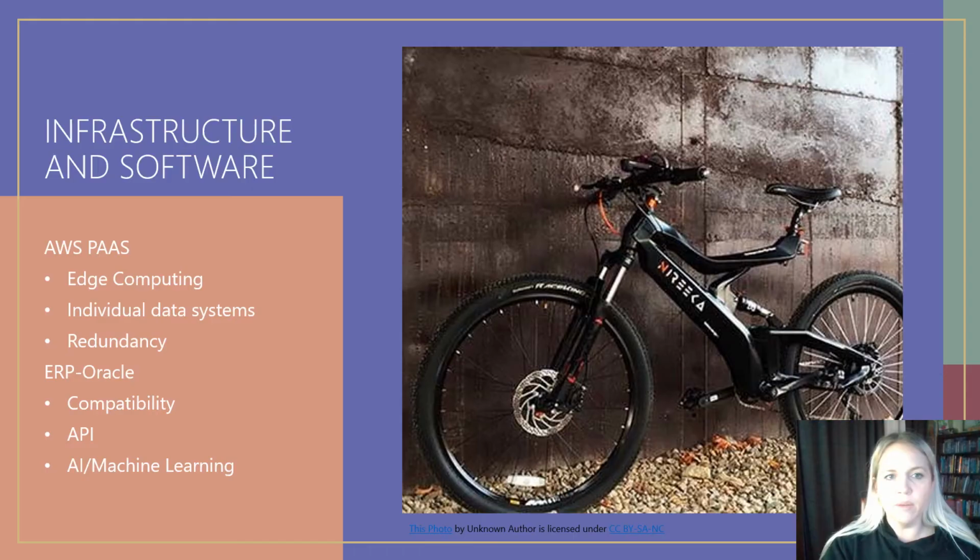So next, looking at our infrastructure and hardware and infrastructure and software, I looked at AWS and their platform as a service. This would allow for that distributed cloud so that it would allow redundancy and more efficiency, especially with a bike system with the bikes being distributed throughout the community and through edge computing.